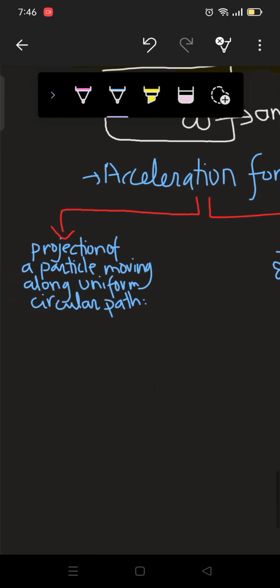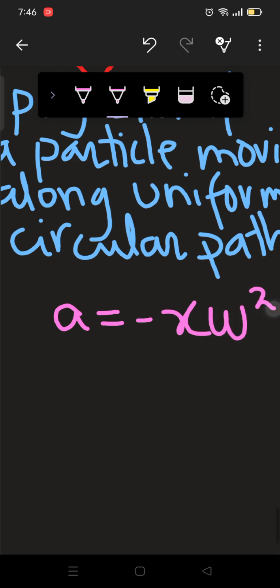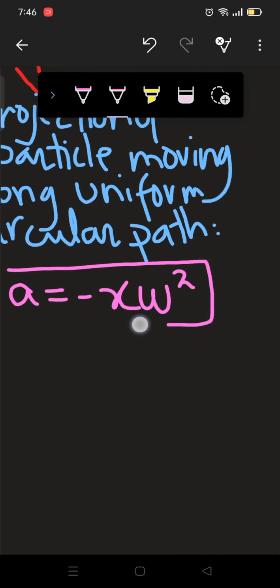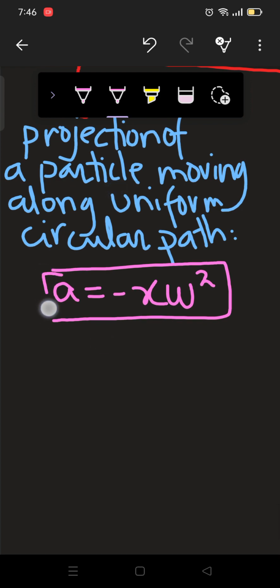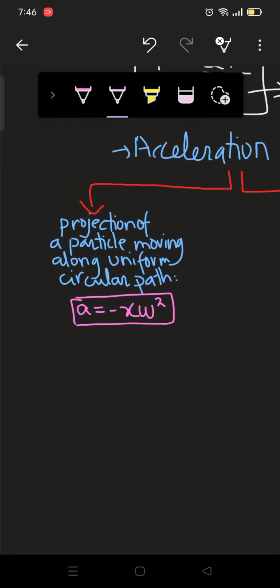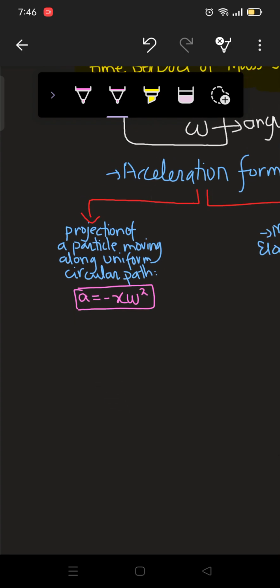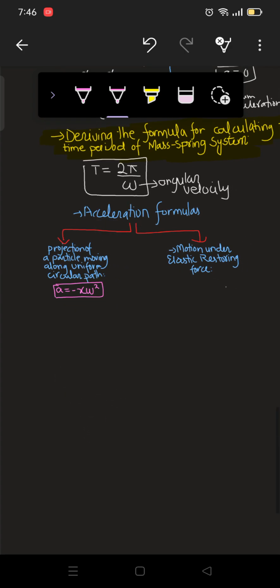Now see, initially we have the formula for the acceleration of a projection of a particle moving along a uniform circular path. Here we had our formula a is equal to minus x omega square, where x is the displacement from the mean position, since displacement is always taken away from the mean position, and omega is the angular velocity of the particle moving along the uniform circular path, right?